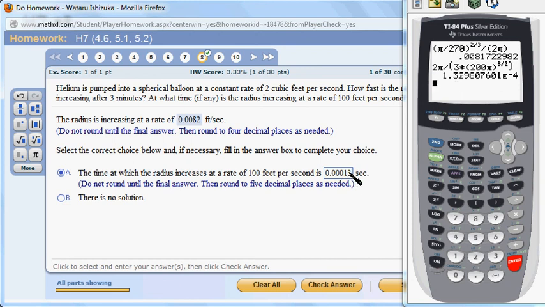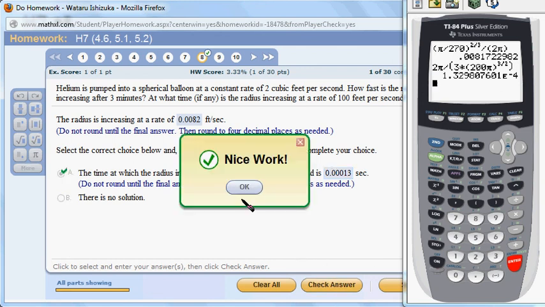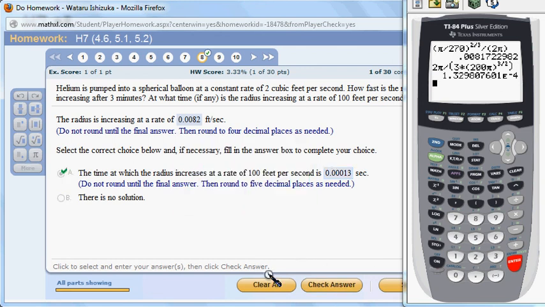So you have 1, 2, 3, 4, 5 decimal places. Let's check the answer. Alright, that's it. I hope that this was clear.